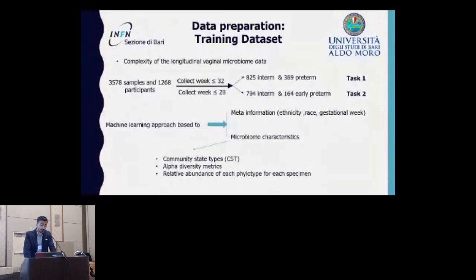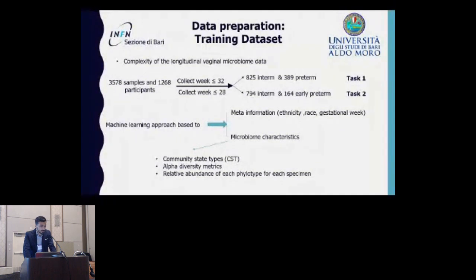Because of the complexity of the problem, we used a machine learning approach based on both the meta information such as ethnicity, race, and gestational week, and also data on the microbiome.